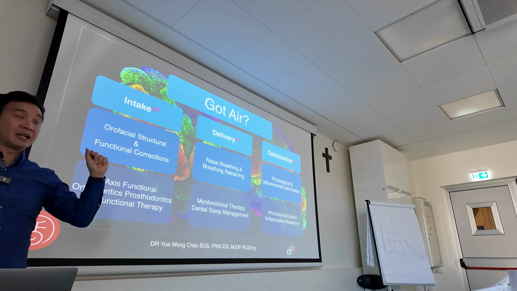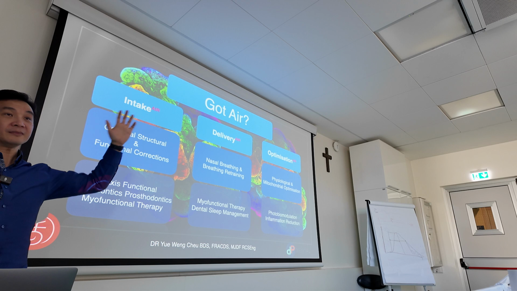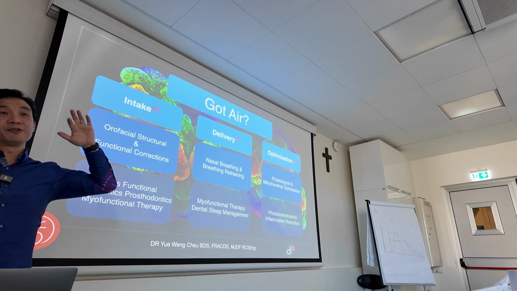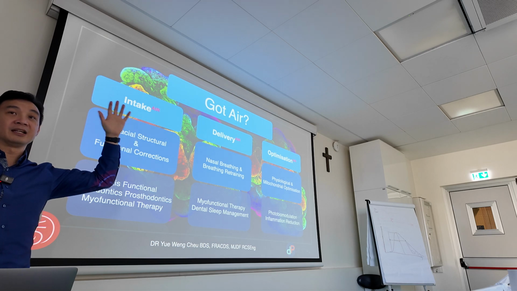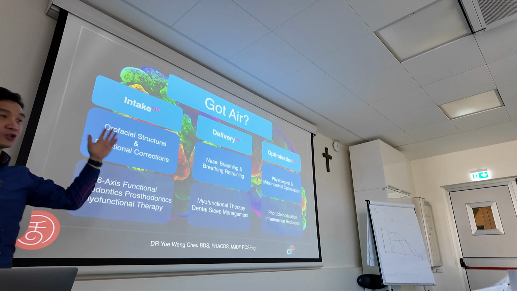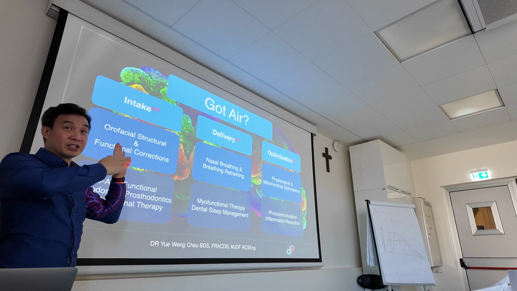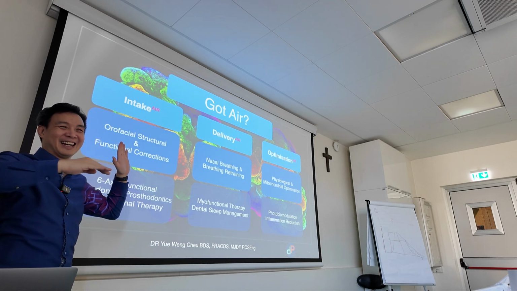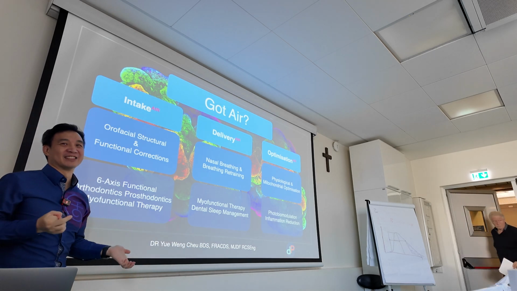Bohr effect, B-O-H-R. Okay, everyone familiar with the Bohr effect? Simply, if you breathe in slowly, you increase carbon dioxide, which shifts your oxygen dissociation curve, remember that one? And it releases more oxygen from the red blood cell.